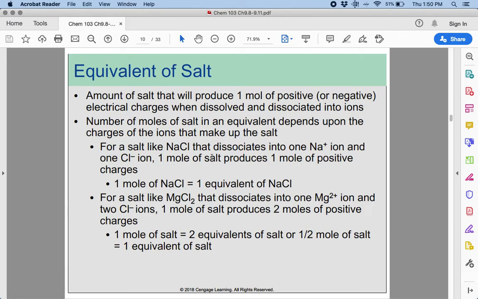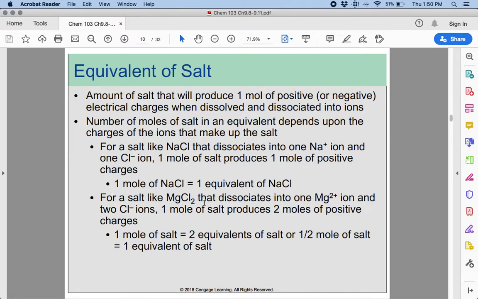For a salt like NaCl, when it dissociates, remember dissociation, we get 1 Na plus ion for every 1 Cl minus ion. So 1 mole of salt produces 1 mole of the positive charge, or we could also say 1 mole of the negative charge. So that's an equivalent, right? 1 mole of NaCl equals 1 equivalent of NaCl plus.